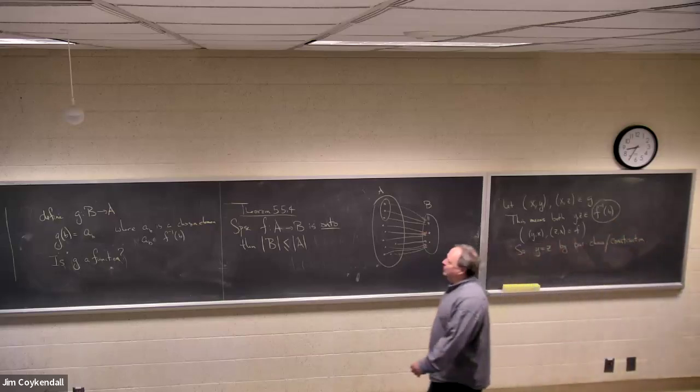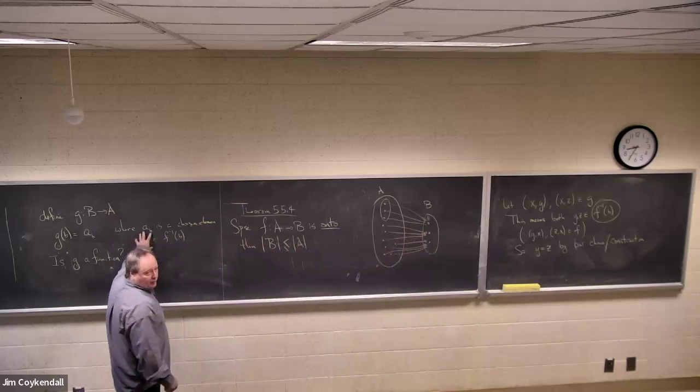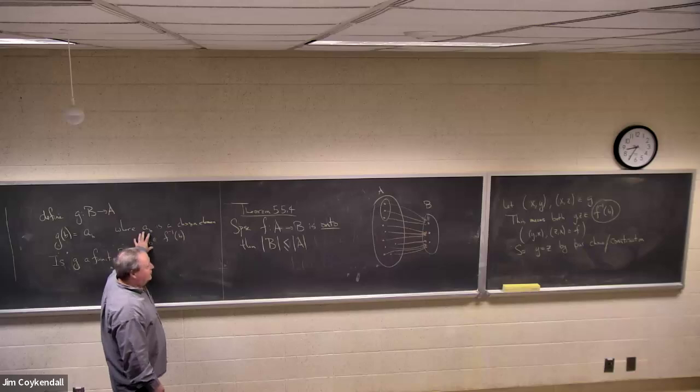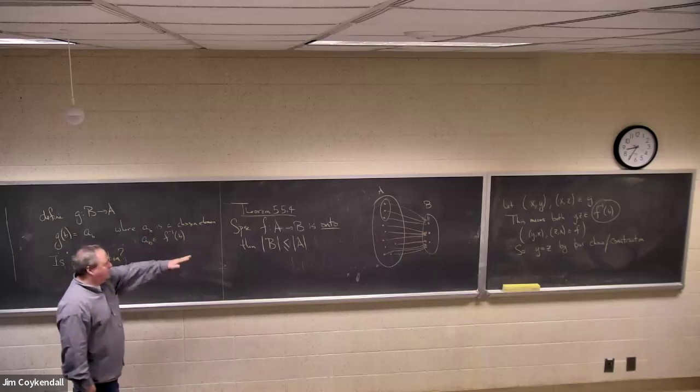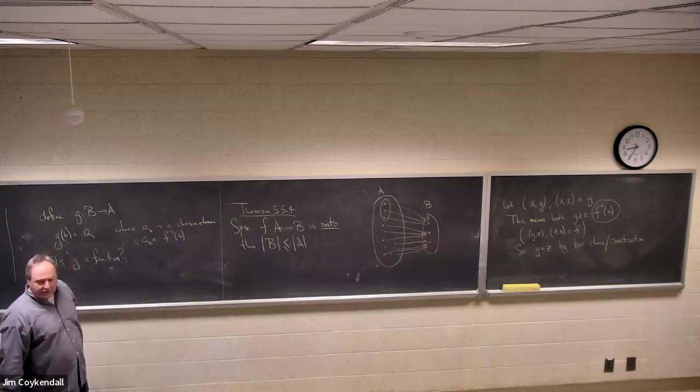Because what did we do? Y and Z are both in F inverse, but we've chosen only one here. And so basically the content of this is really that, since we chose only one preimage, we actually get a function.